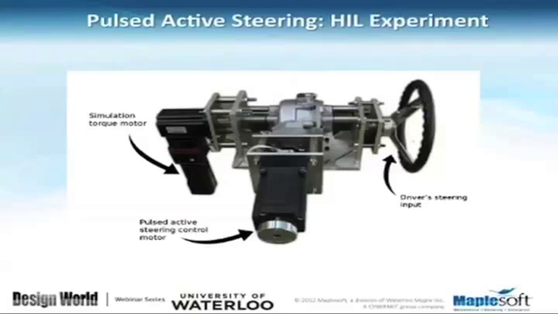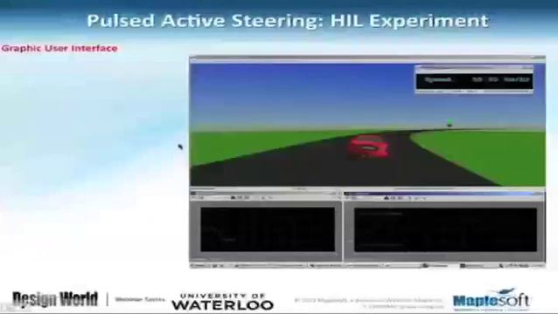The rest of the system, which is the dynamics of the vehicle, is sitting inside the computer, and it is simulated to generate the pulsation if it's necessary and the realignment torque. Now, to add a little bit of virtual reality, so that the driver can see exactly where she or he is driving the car, we added virtual reality and a road, and we asked the driver to try to stay on the road.